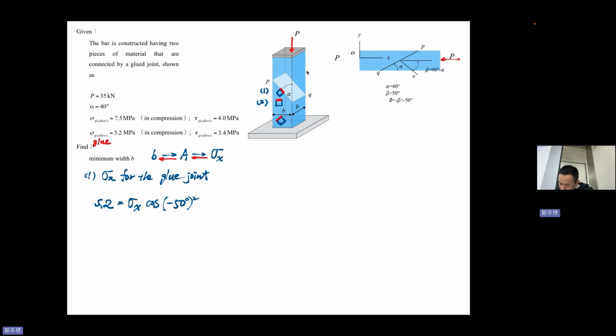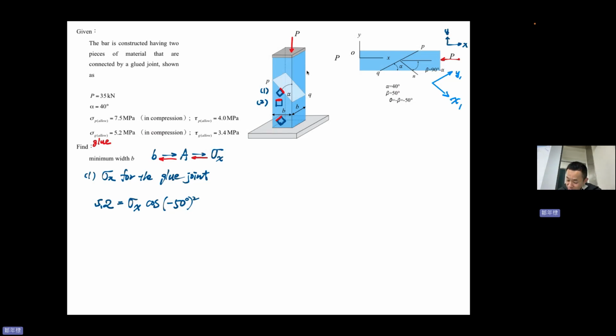So this is x and y, and your new axes are x1 and y1.